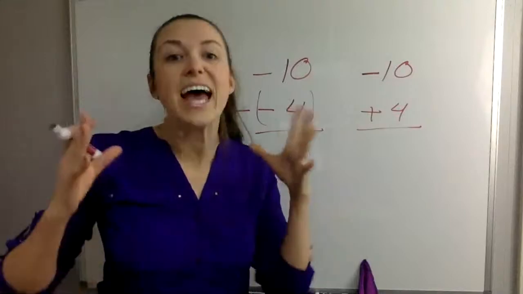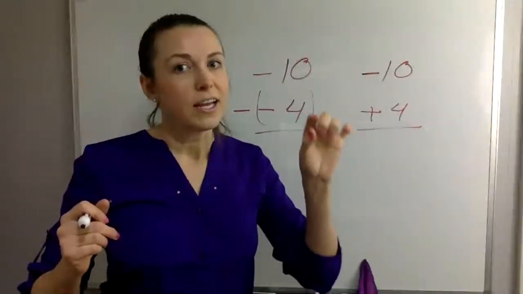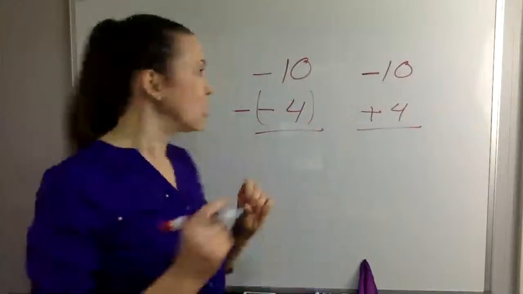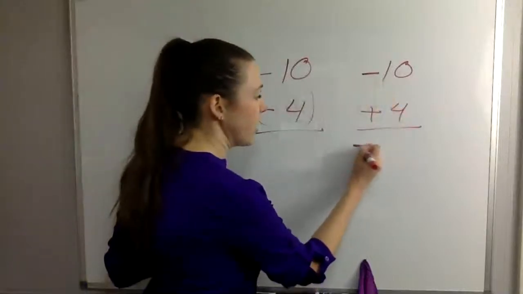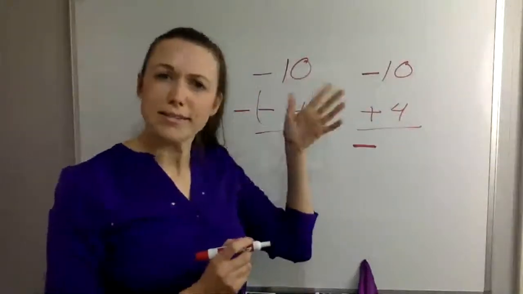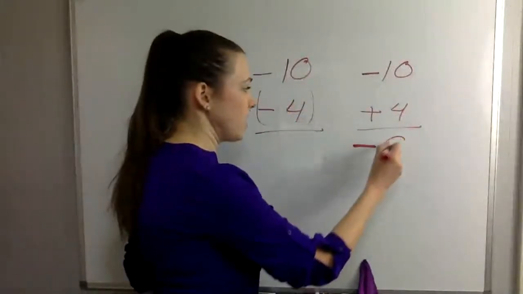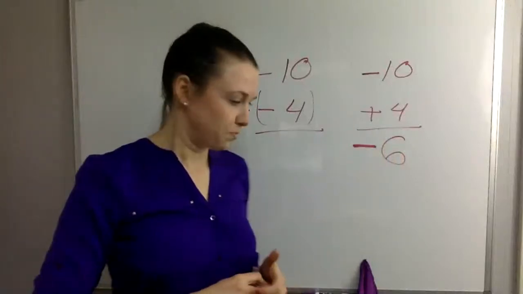The 10 is bigger. And is the 10 positive or negative? It's negative. So because the 10 is negative, we want to make sure that our answer is going to be negative. So we just go 10 minus 4, which is negative 6.